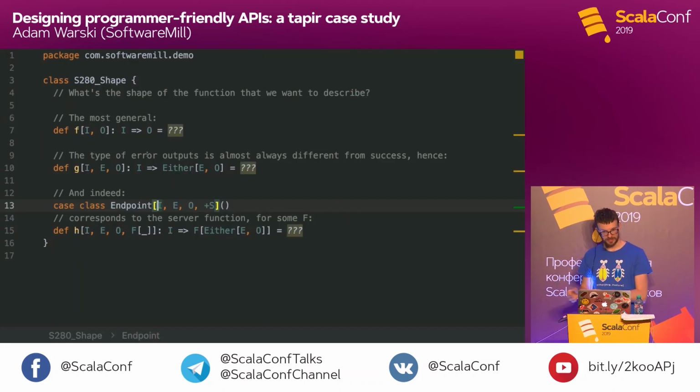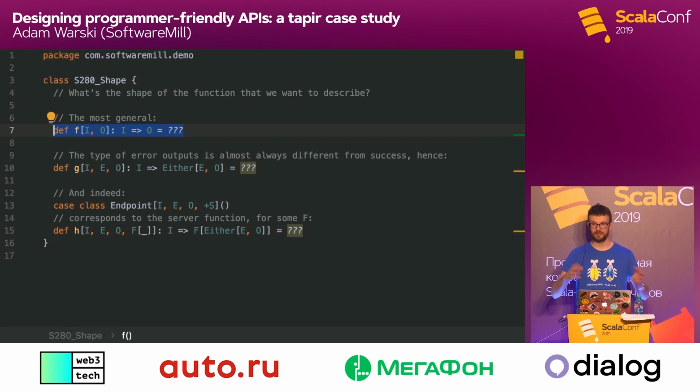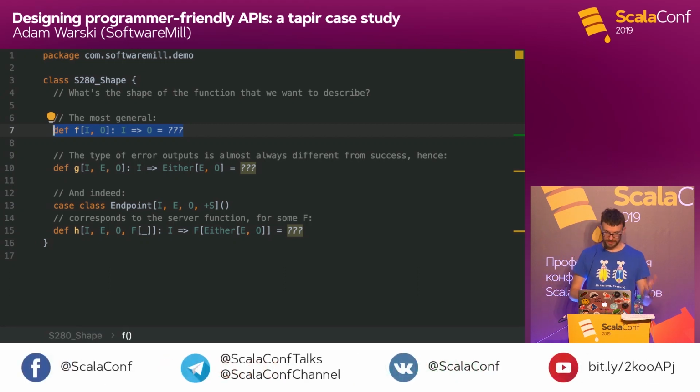So changing the subject a bit, an important design decision in the case of our library was deciding what should be the shape of the function that we want to describe, right? As I said, it might be tempting to describe any function, just any function which takes an input to an output, right? But that might be possible, but it would probably not be that useful and might be too general.